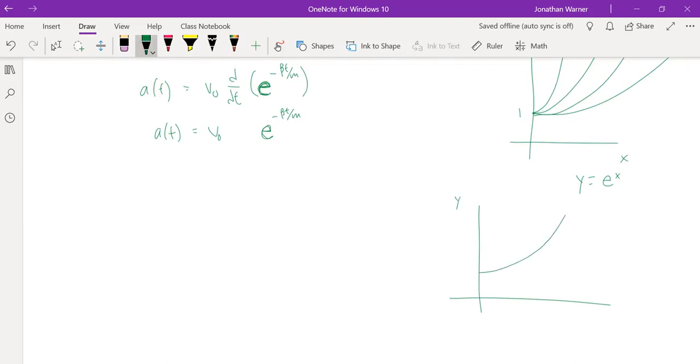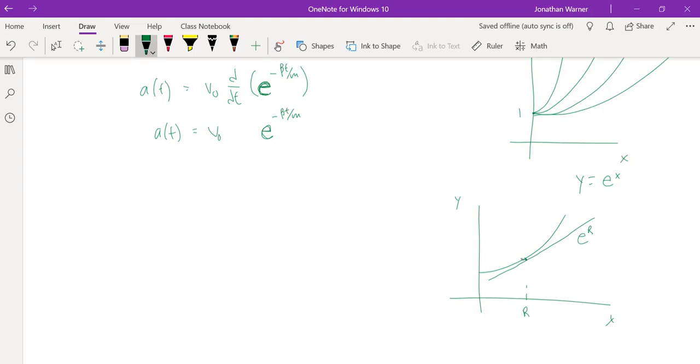Here's y, here's x. Take a value of x right here, let's call it r. Right here, the slope of that function is e to the r.